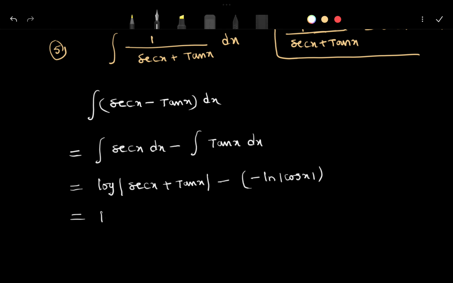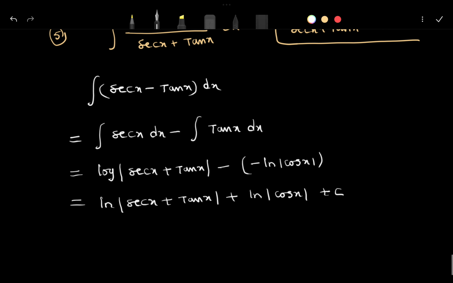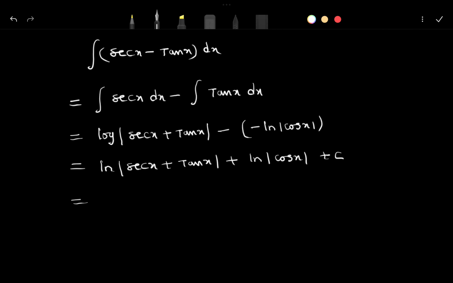That is equal to ln of secant x plus tan x, plus ln of cos x, plus c. Now here you see this will be nothing but the log a plus log b formula.